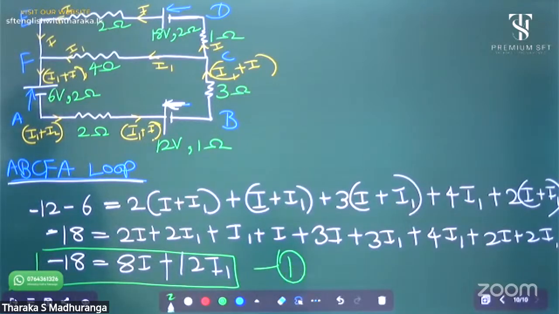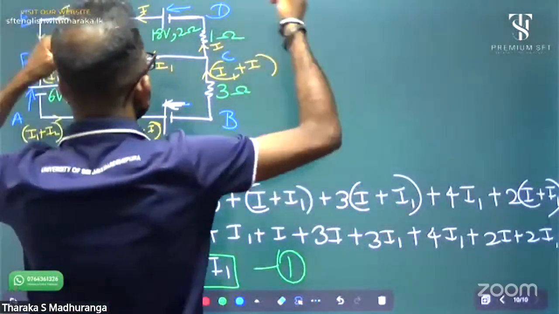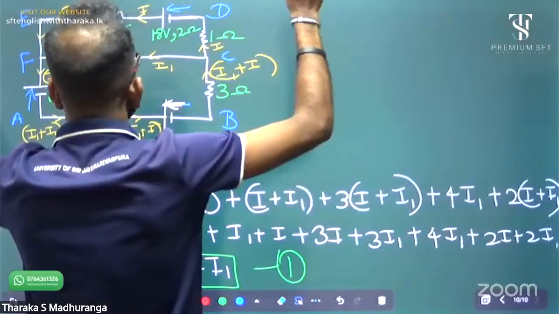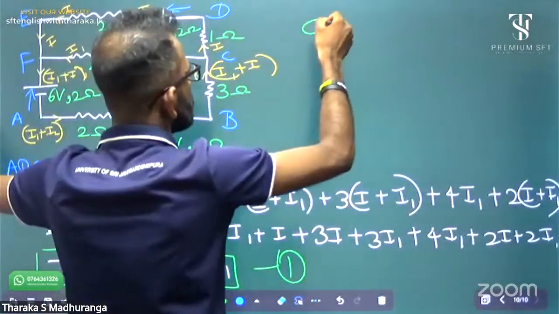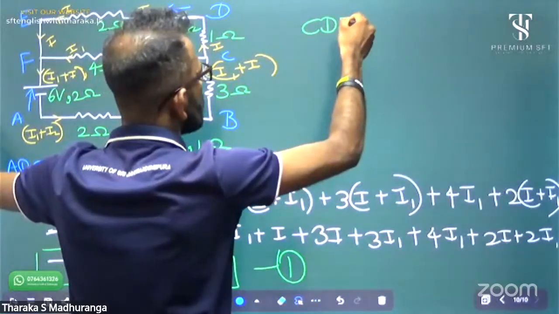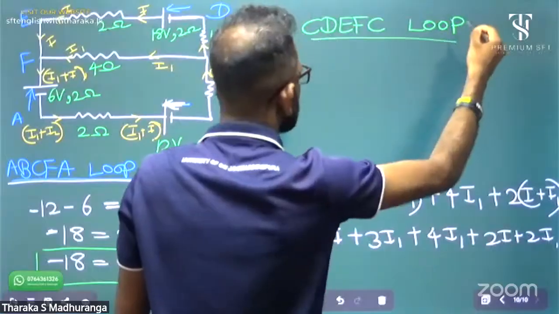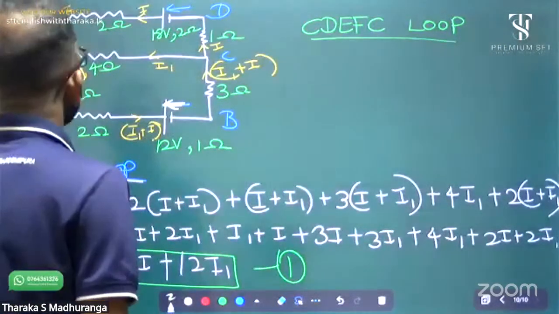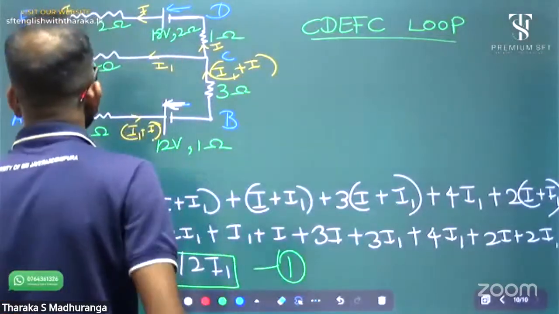Next, I'm going to apply Kirchhoff's second law to the other part, the CDEFC loop. CD is only one battery.